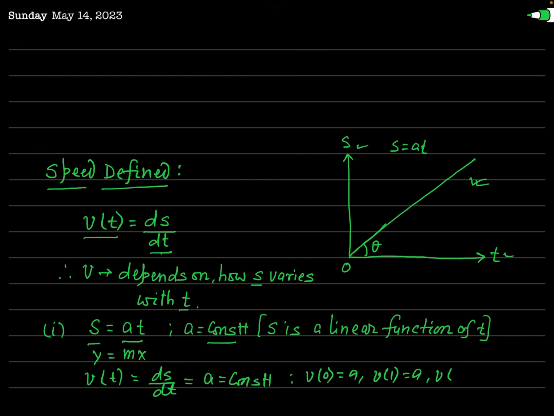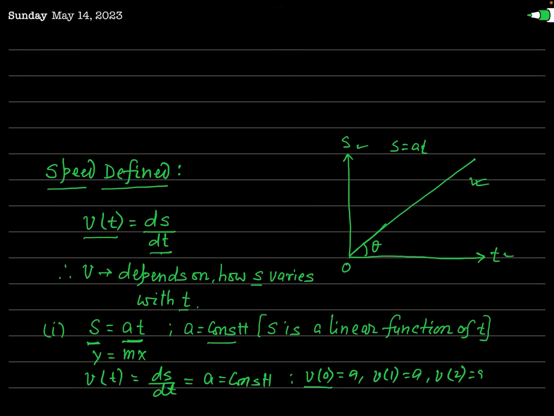Speed at 2 seconds will also be a. So you can see that when the relation between s and t was given, we are able to find the speed even at 0 time. But in the previous example, you were unable to find the speed at 0 time because the functional relation between s and t was not given, only distance and time were given.